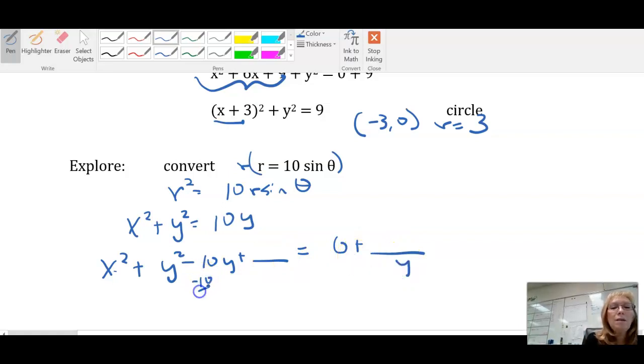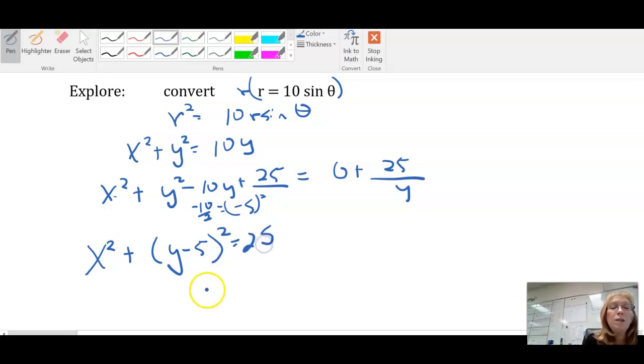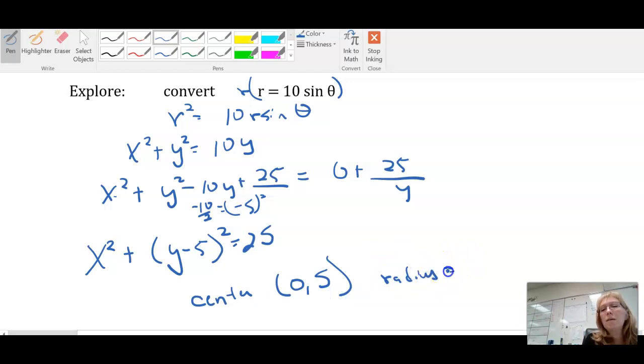So half of 10 squared is 25. So now we have our perfect square equals 25. So this means we have a circle with center at 0, 5, and a radius of 5.